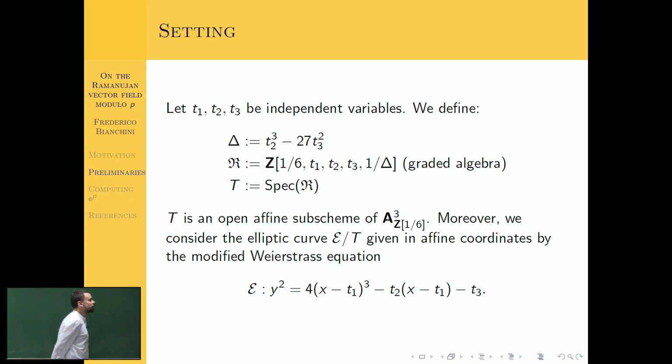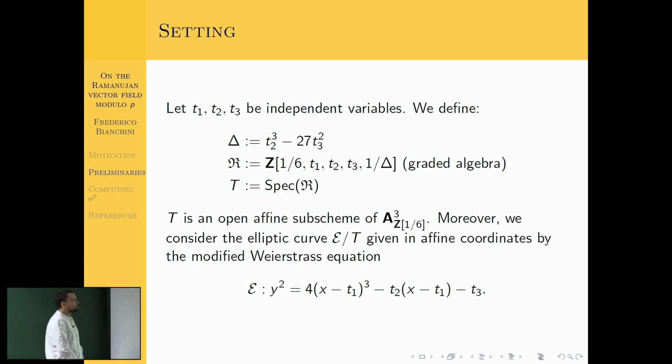Okay, so we define this delta, which is the discriminant of this cubic polynomial here. Okay, we consider this ring R, which is a graded algebra over Z[1/6], so we can divide by primes 2 and 3, in our case.